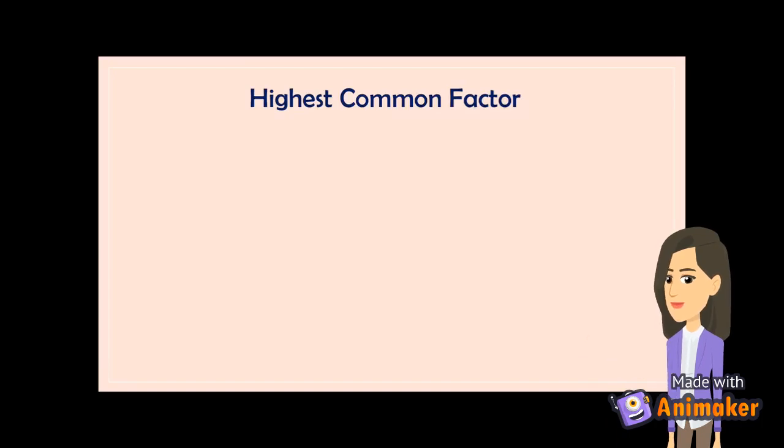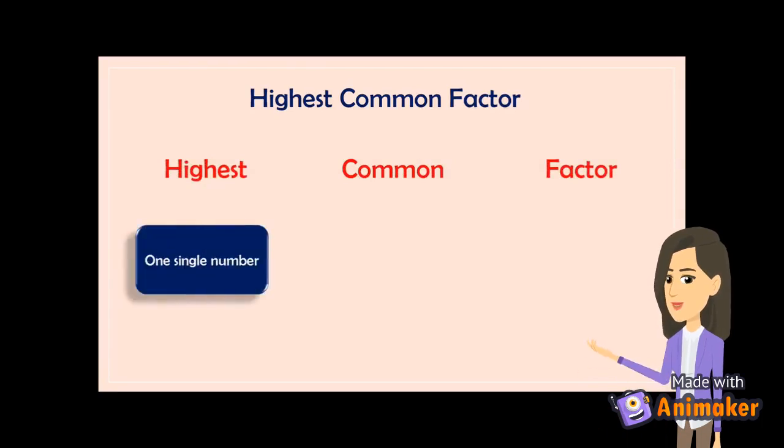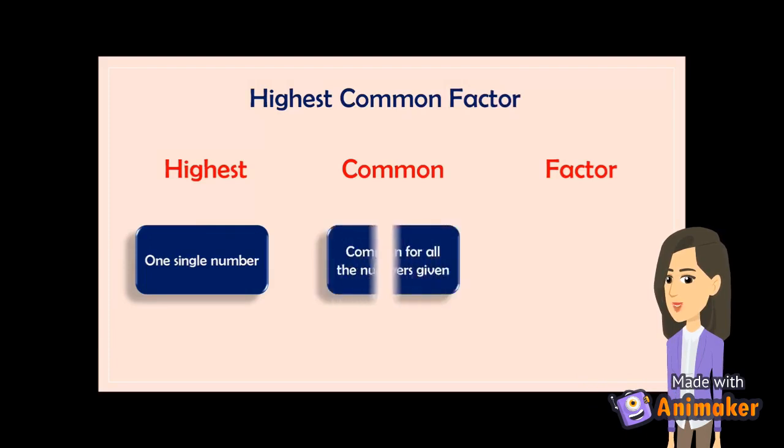Highest common factor, found by the words highest, common and factor. Why highest? Because it will be just one single number. So you'll be given 6, 9 and 12. To find out HCF, there will be just one single number as the answer. Why common?